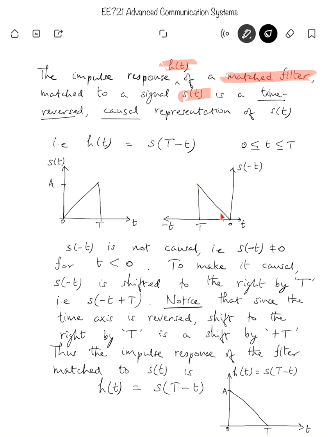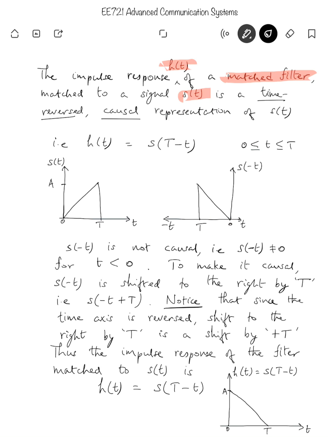So you have s of minus t denoted by this, and we can't have this as our impulse response. If we set the impulse response to be equal to s of minus t, then what you notice is that there is a response before time 0. So that means the system is non-causal.